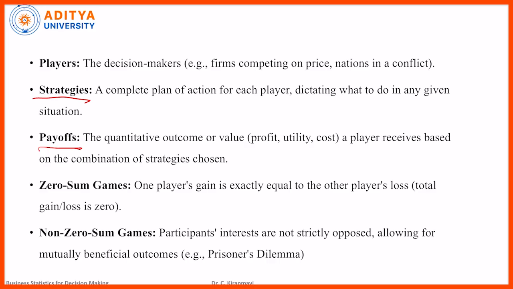Payoff is the amount or quantity of an outcome which results when a player uses a particular plan of action against his competitor. So, the value of the outcome or result against a strategy used by the player is called payoff.